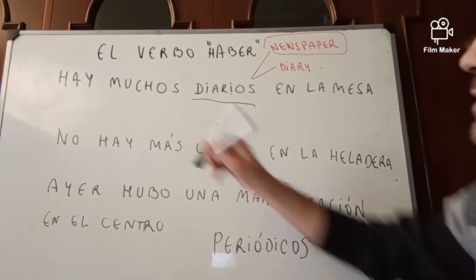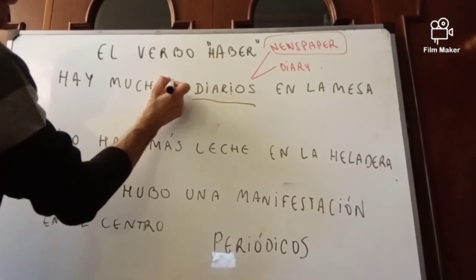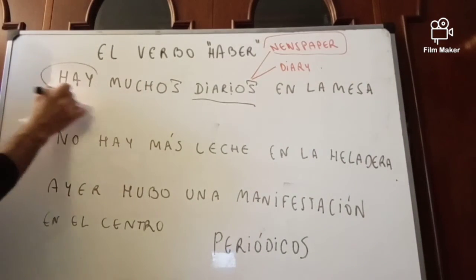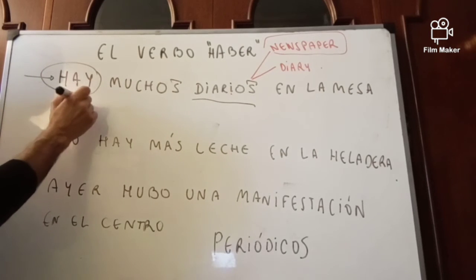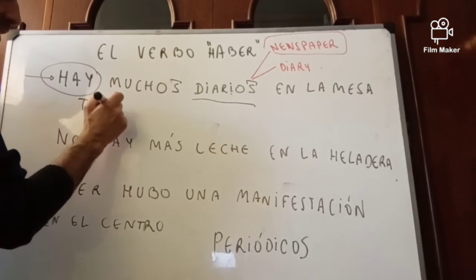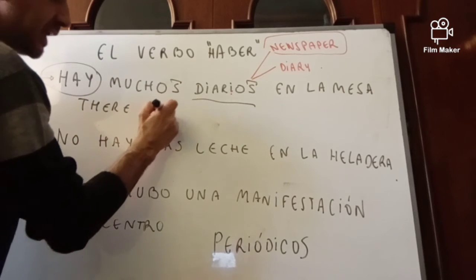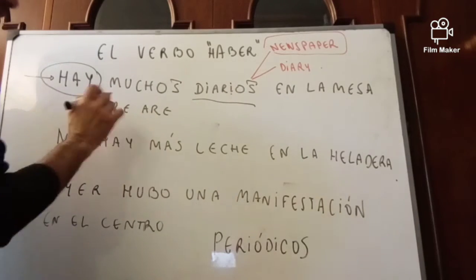So what do you think this means? If we say muchos diarios, although we don't use this with a plural mark, its meaning is that of plural. So there are, well, I know that in English you can also say there's too many.